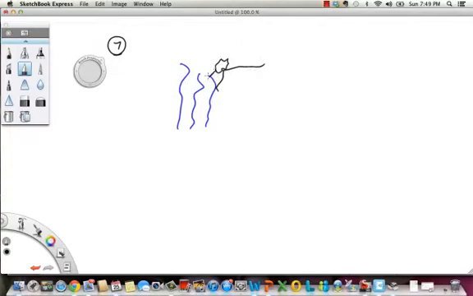And a sediment can just fall into river, or it can be blown in by the wind. So draw my little wind cloud blowing sediment into the river. Or it can just be along the side of the river, and as the water flows along, it pulls the sediment into the river.